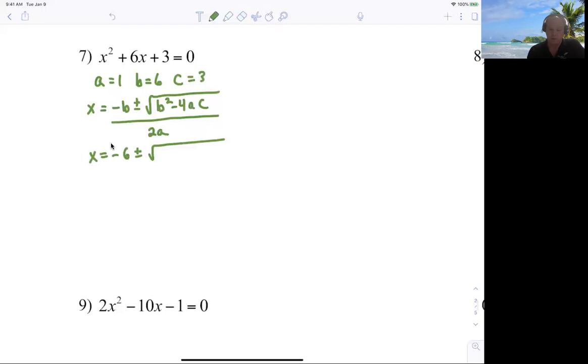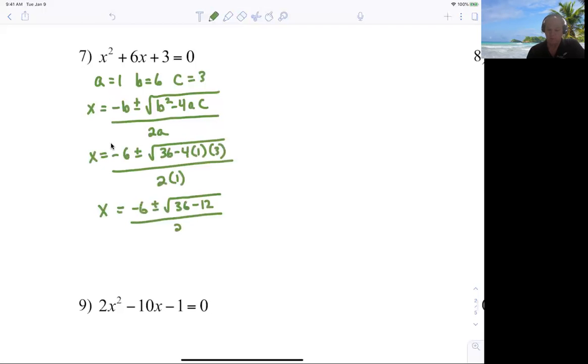Now, 6 squared is 36, minus 4 times 1 times 3, all over 2 times 1. Simplifying, negative 6 plus or minus square root 36 minus 12 over 2. X equals negative 6 plus or minus square root of 24 all over 2.